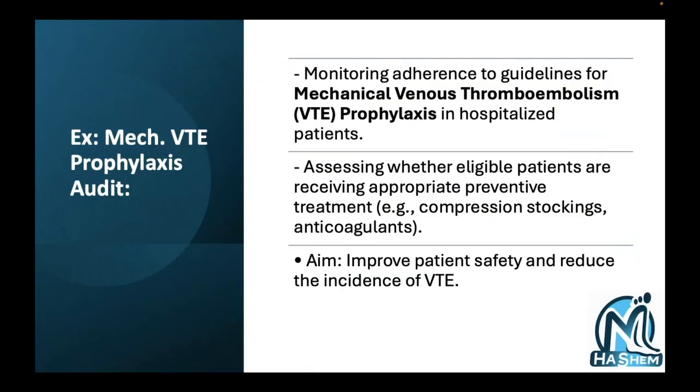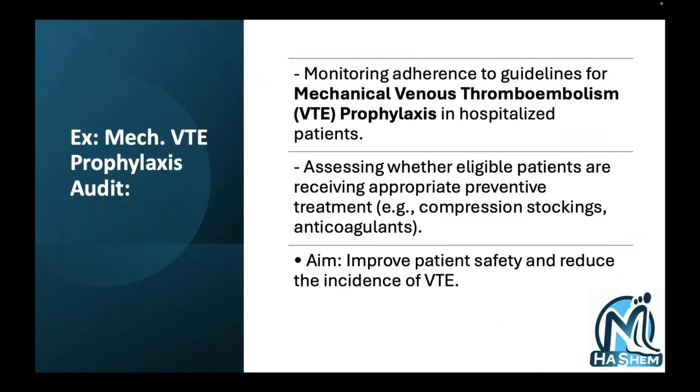At that time, we were running paper notes, not a computer system as we do now. So we put a sticker on every patient's notes to remind them whether this patient had mechanical VTE or not, and they had to tick the box if the patient had mechanical VTE. If they didn't tick the box, then they had to know there was a problem in the notes and the patient needed mechanical VTE.